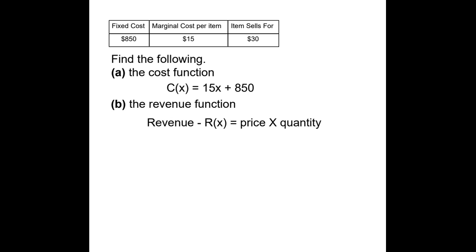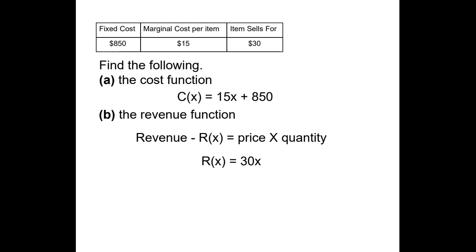In my particular problem, to come up with the revenue function, I see that the price of the items that they're selling is $30. So $30 times a given quantity, and I'm going to use the variable x, gives me the revenue function. R of x equals 30x. This would represent the revenue.